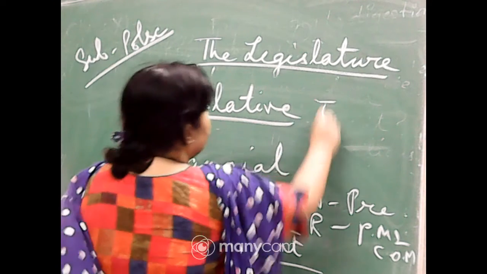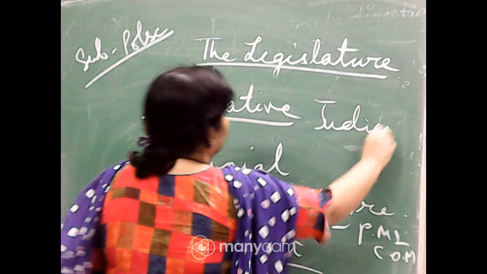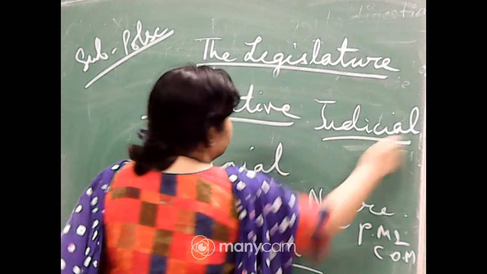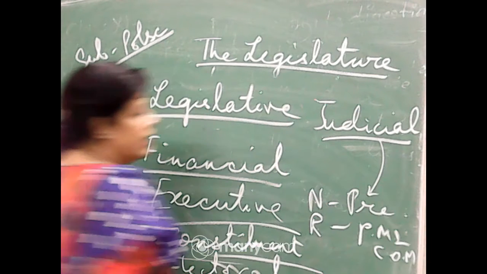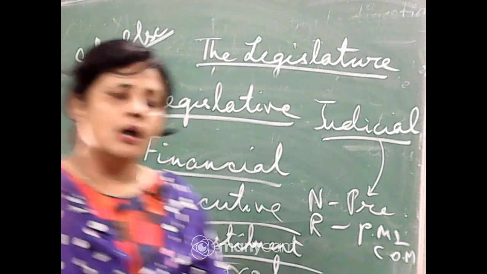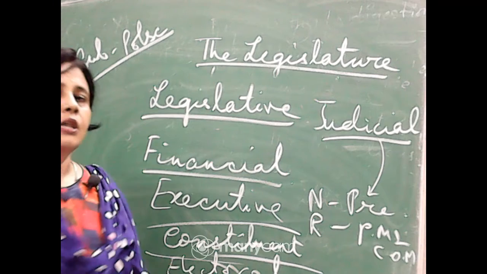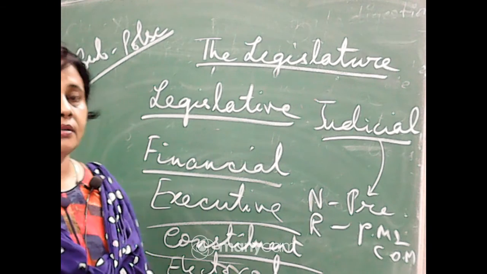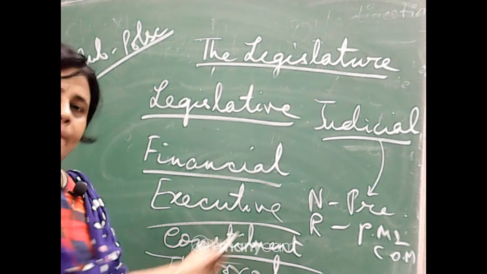And if I add to this judicial functions, what will be the judicial functions? Just now what I was telling you. That means impeaching the President of India, the Vice President of India, the judges of the Supreme Court and the High Court, in the same format.